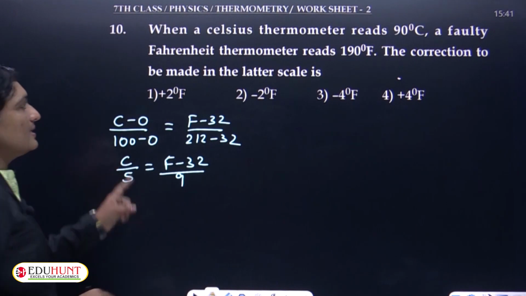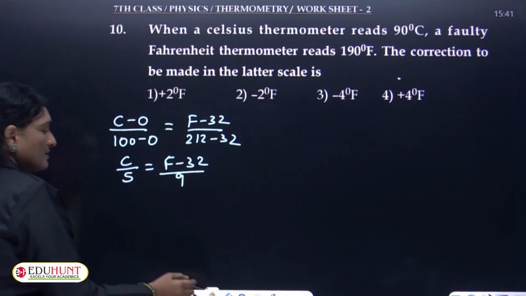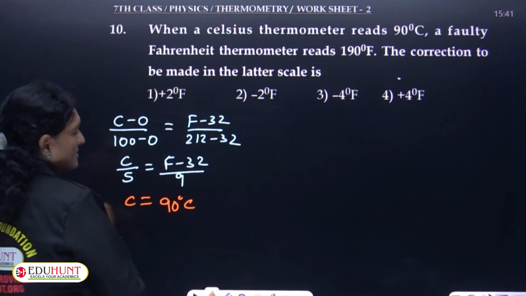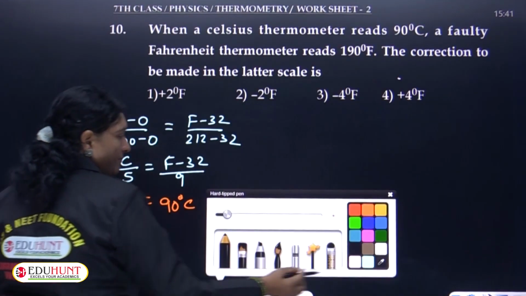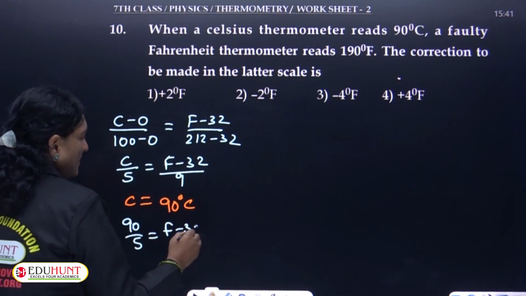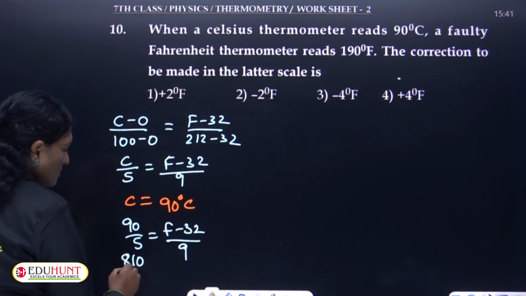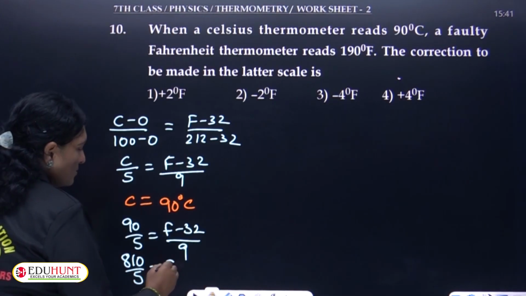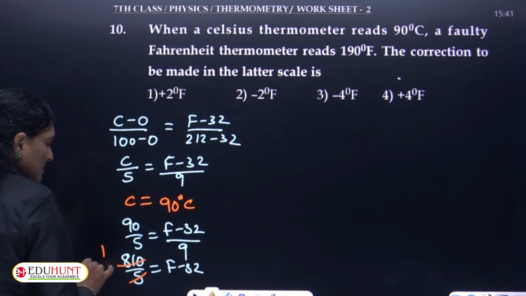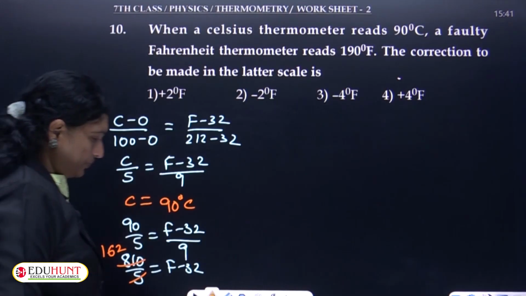But given that the Celsius scale shows 90 degrees Celsius correctly, substituting the value of C as 90 degrees Celsius, let us see what is the value of F. So 90 upon 5 must be equal to F minus 32 upon 9. So 810 upon 5 equals F minus 32, which is 162.